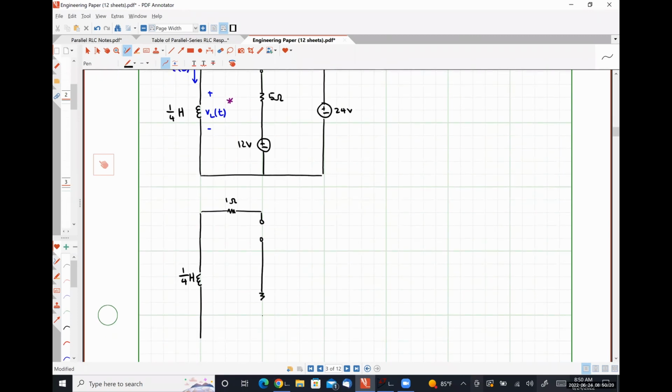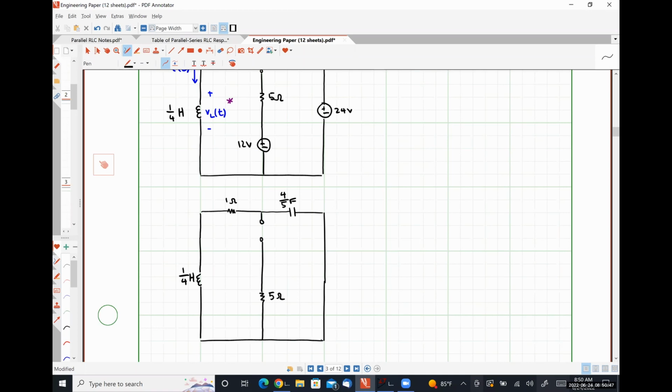Here is our 5 ohm resistor, and our 12-volt source has been turned off because we have to be looking at a dead network. Here is our capacitor, 4/5 of a farad. And then this branch to the right, where our 24-volt source has been turned off.